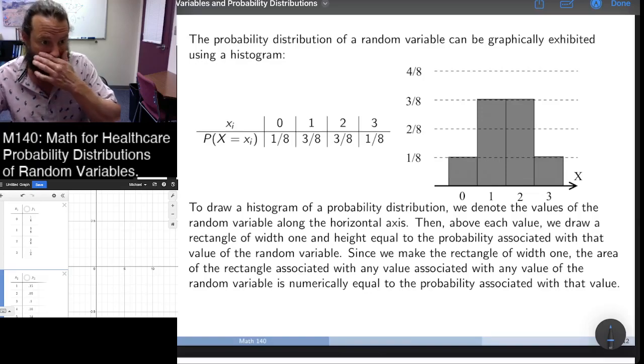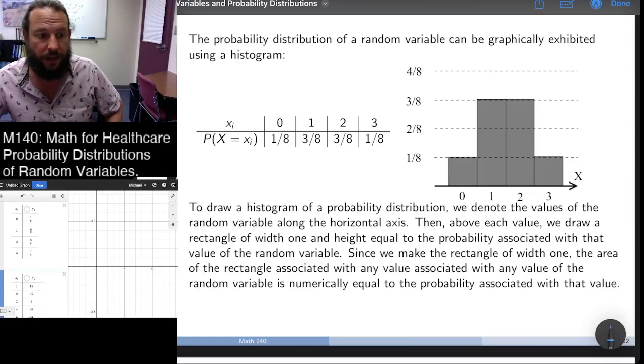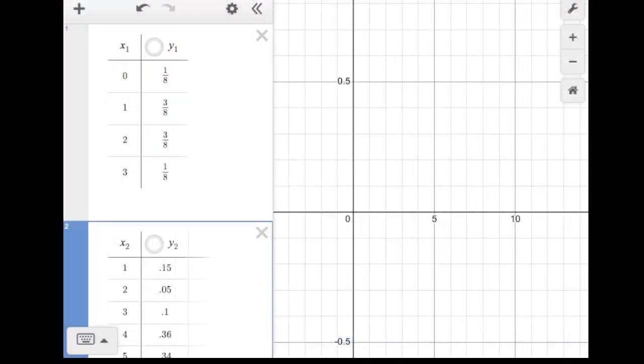I do want to take a look quickly in Desmos here. So notice up here, in my top table that I just made visible, I put in the probability distribution. I get that it's vertical instead of horizontal, but it means the same thing.